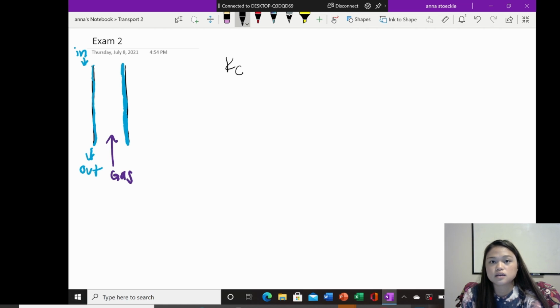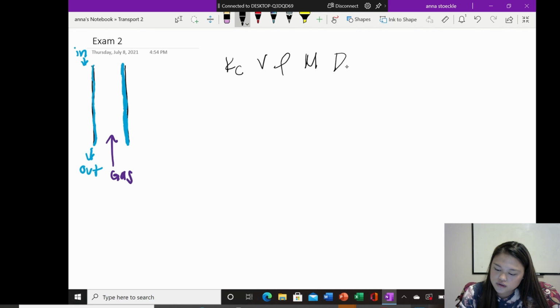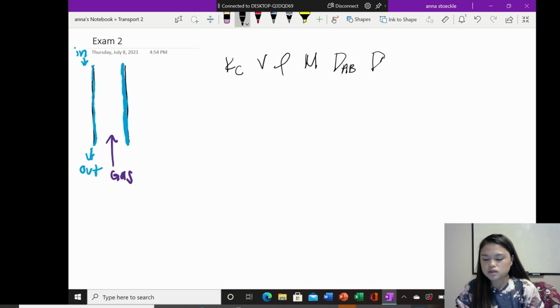And then since it's a moving liquid and a gas, we are going to be looking at velocity, and then density for those components, and then viscosity, since it is a liquid, and the diffusion coefficient for that mass transfer, and a characteristic length, in this case the diameter of that pipe. The units involved with these variables are kilograms, meters, and seconds. And these will be important throughout the problem.